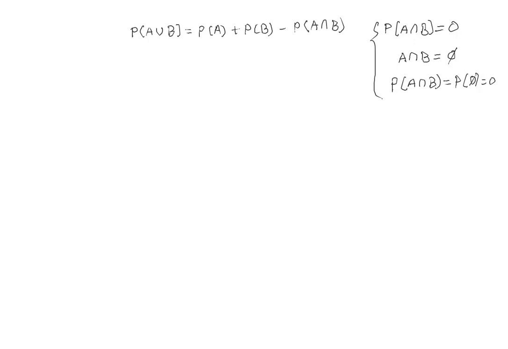Then we started talking about conditional probability. We talked about the probability that somebody from the general population plays in the NBA. That probability is pretty small, right? Very small.